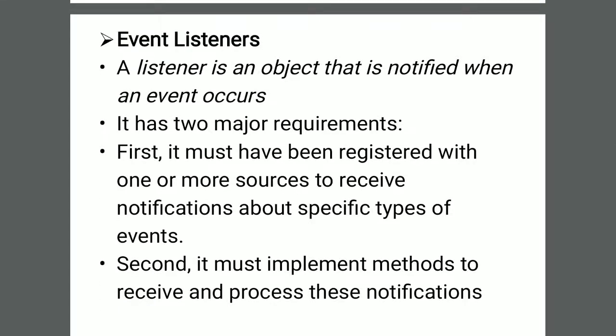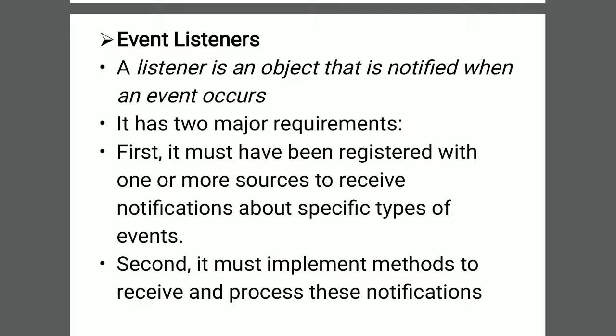Event listener. A listener is an object that is notified when an event occurs. That indicates that when a particular object generates an event, it will be notified. That notification task will be done by the event listeners. There are two major requirements with respect to an event listener. First, it must have been registered with one or more sources to receive notification about a specific event.